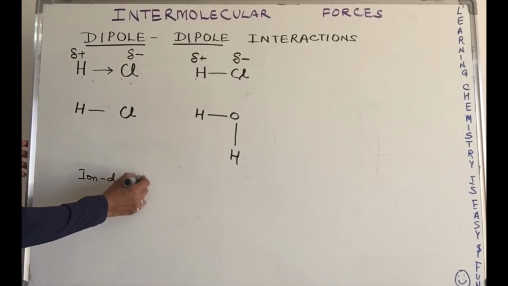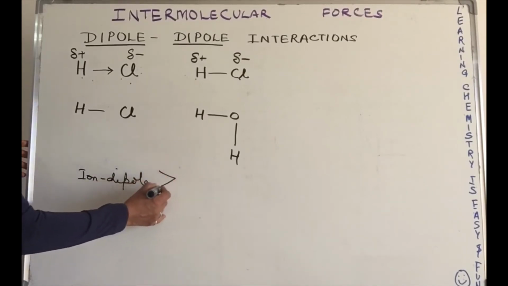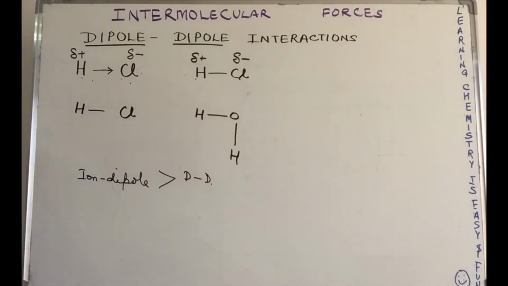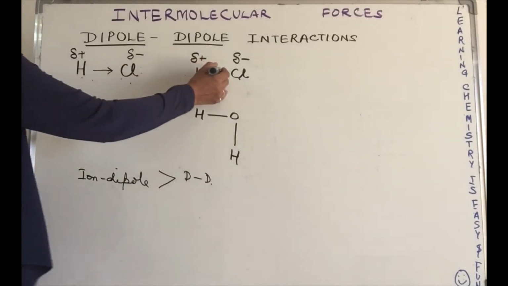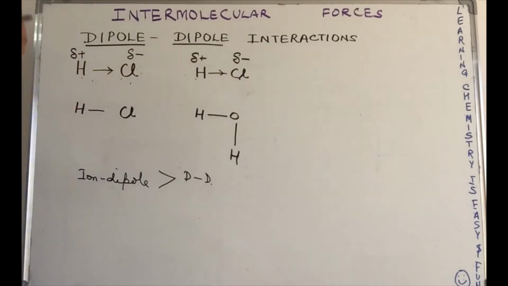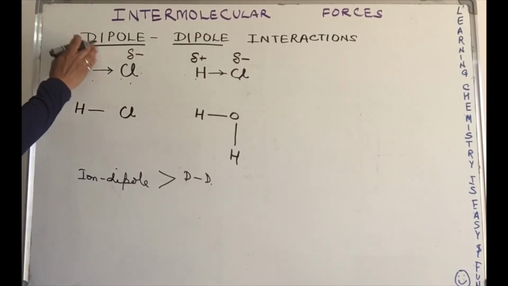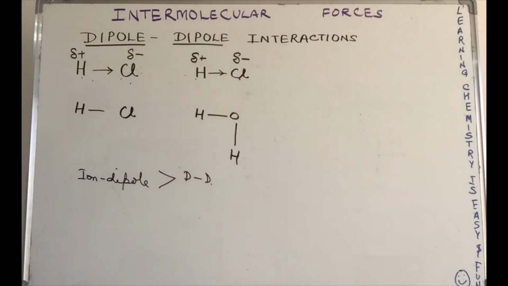The ion-dipole interactions are stronger compared to the dipole-dipole interactions. So what happens is their area of strength, or the area within which they will exercise their control, will be limited. That is why the molecules need to be brought closer for these forces to show effect.